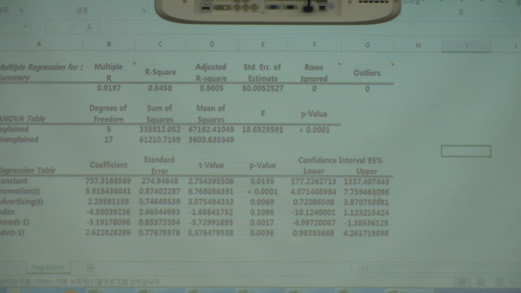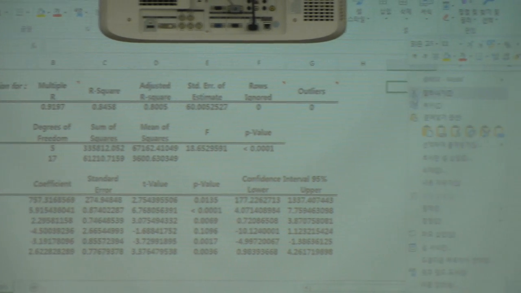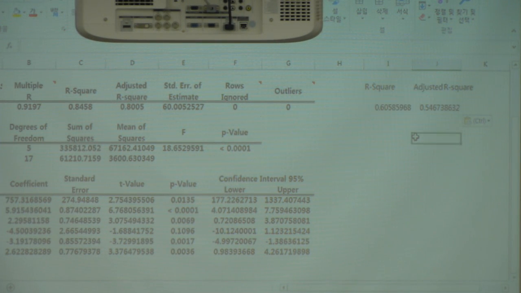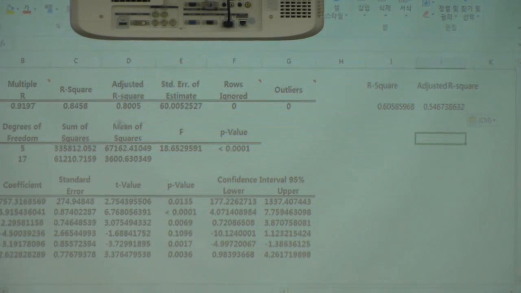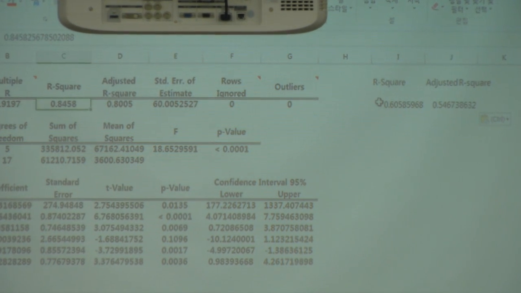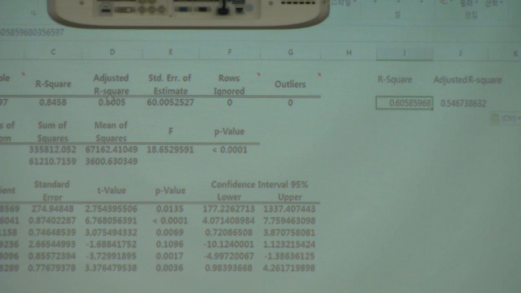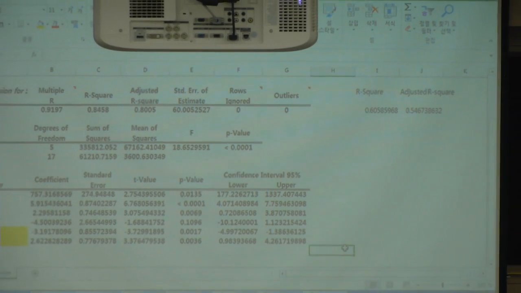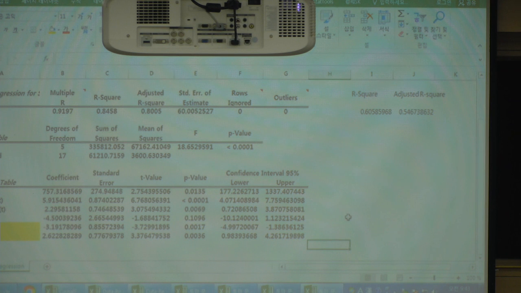And this is the current regression. So as you can see, the R square improved significantly, and also the adjusted R square improved significantly. Therefore, by adding these two variables, we are actually making the regression line much stronger.